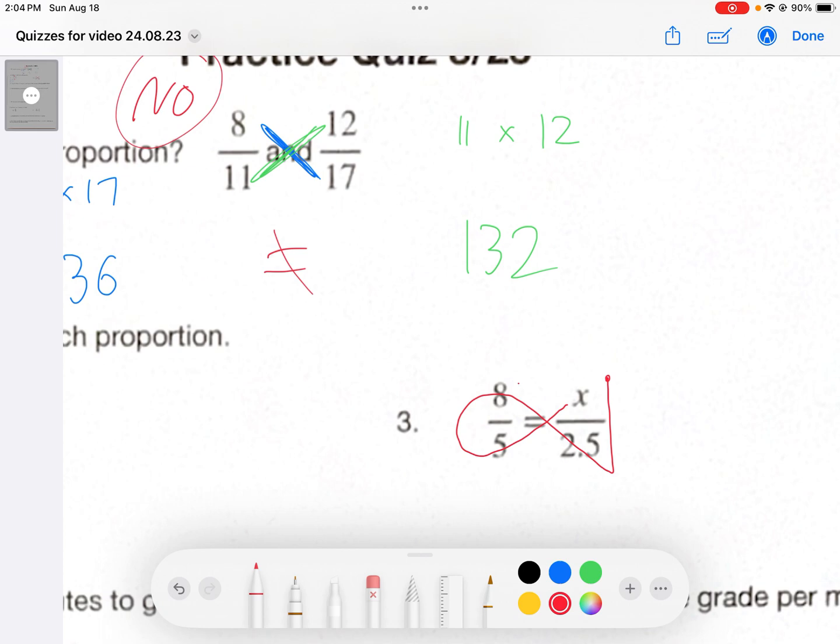So what I'm doing here is I'm multiplying and then dividing. 2.5 times 8 is 20. And then as we come around through the fish head, we are dividing by 5. 20 divided by 5 gives me an answer of 4. 4 is going to go in for that variable as well.